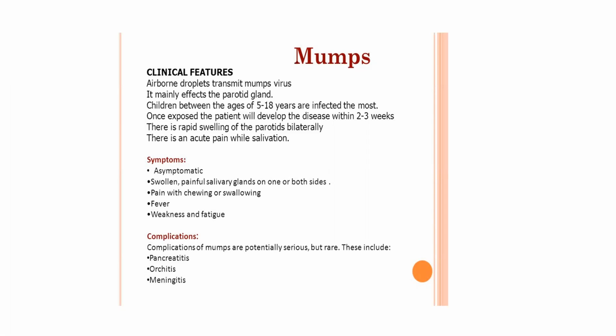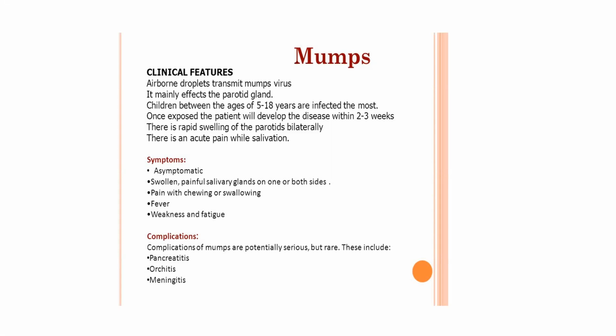When it is affecting the parotid gland directly, it is easier. The doctor seeing the sign can very easily identify the disease. But when it is affecting other organs, it becomes a little confusing to identify it.